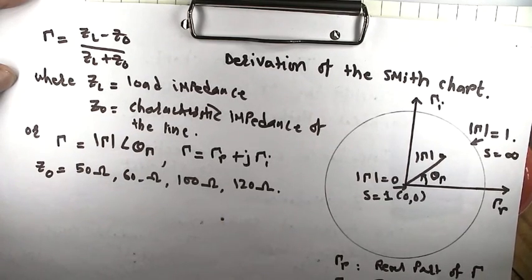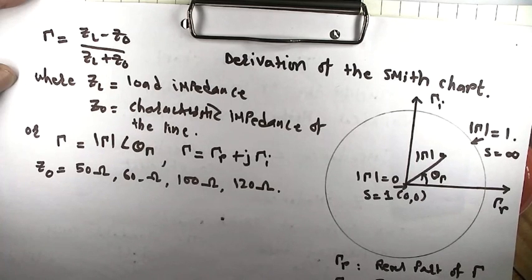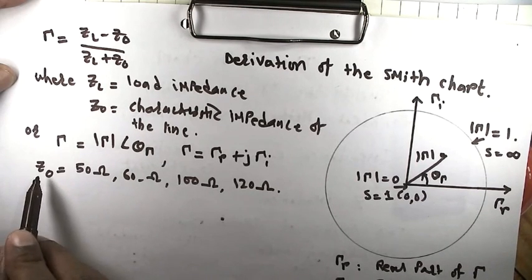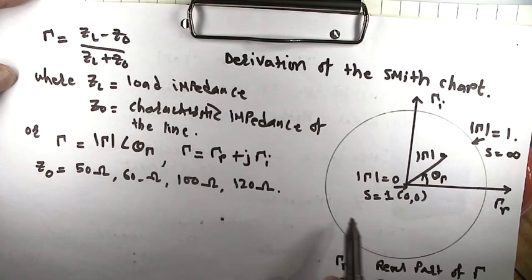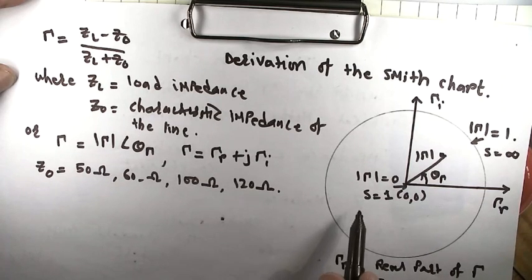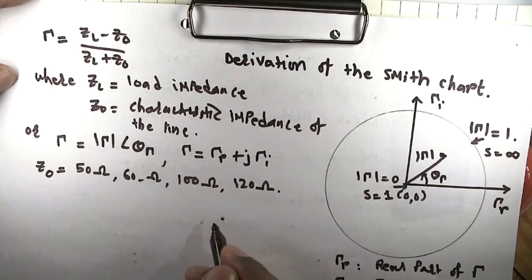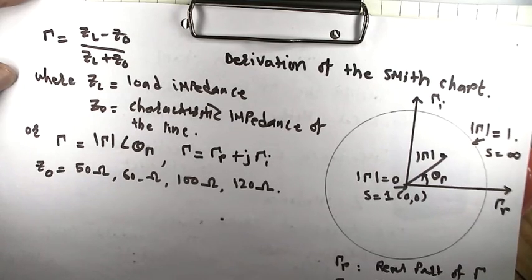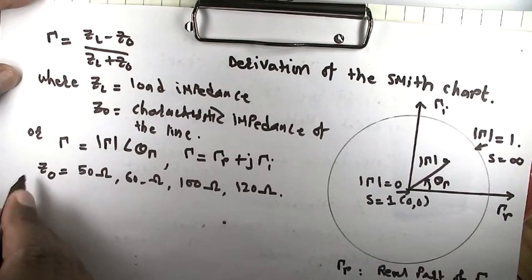So for each value of this characteristic impedance, if we try to construct the Smith chart, then it is very difficult. So we will use the concept called the normalized impedance.